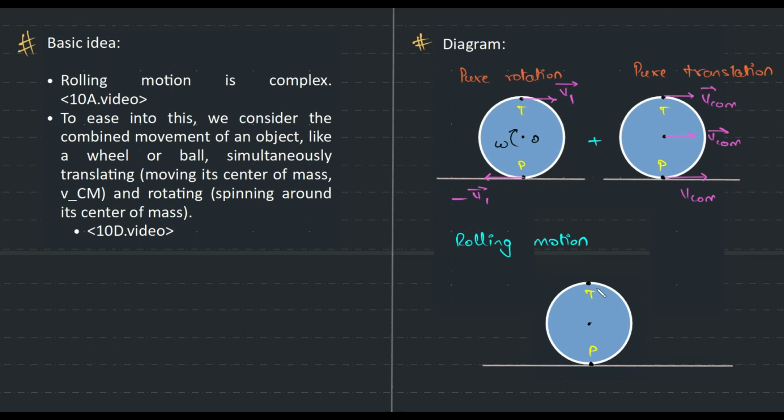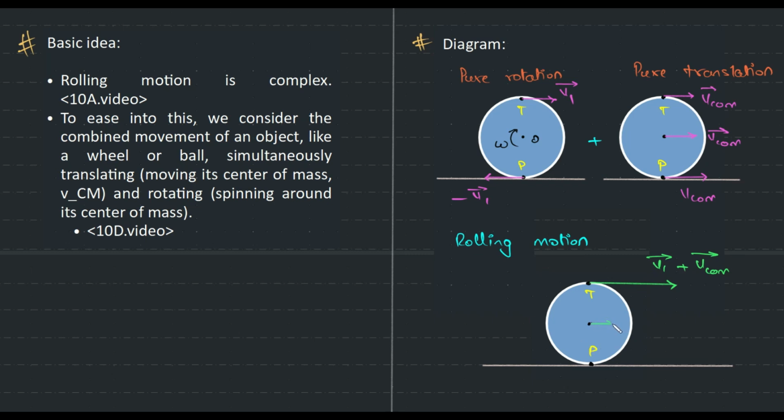Okay. So basically, if I add at the top point T, we'll end up with what? We'll end up with V1 plus V center of mass. At the center, this is 0 and this is V center of mass.